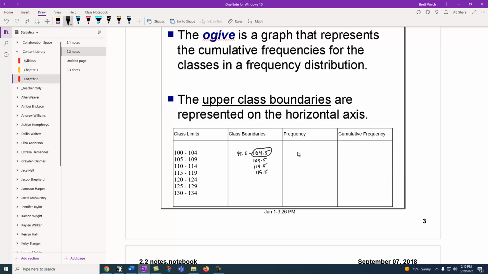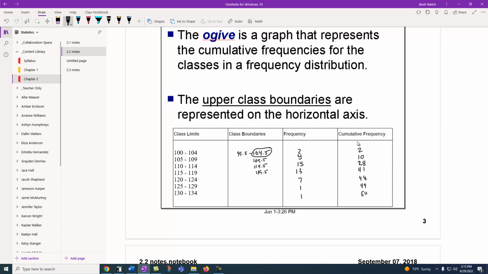Our frequency is the same: 2, 8, 18, 13, 7, 1, 1. But what's important is our cumulative frequency is 2, then 10, then 28, then 13 more would be 41, 48, 49, and 50.